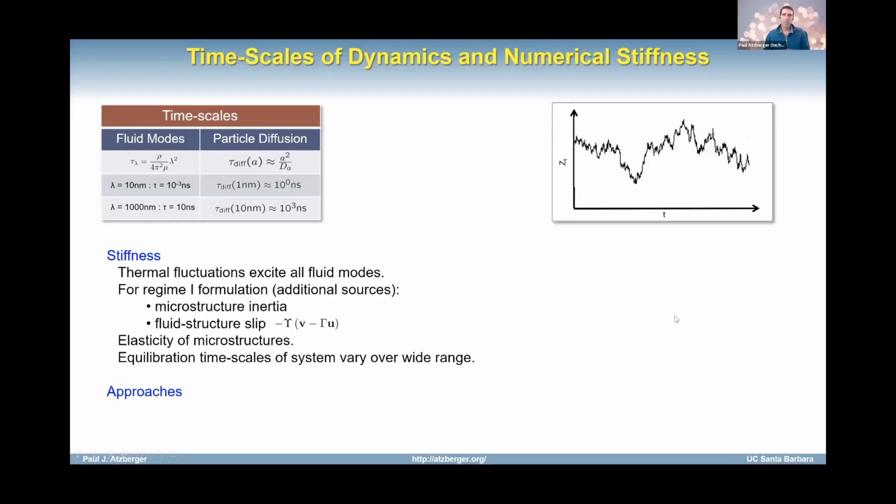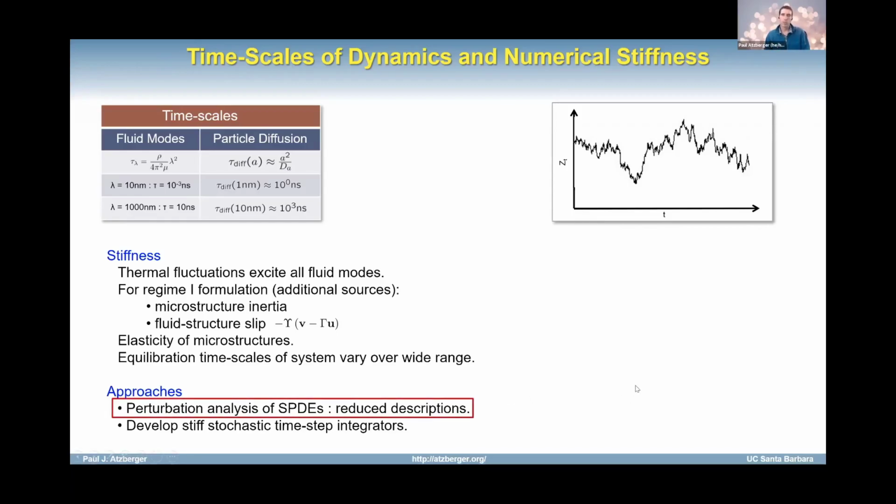So these are just things to be mindful of. And there are really two primary approaches we're going to take to deal with that. One is we can do asymptotic analysis on the stochastic equations and try to simplify them, where we eliminate certain dynamics and map to just the slower dynamics and come up with new effective equations.